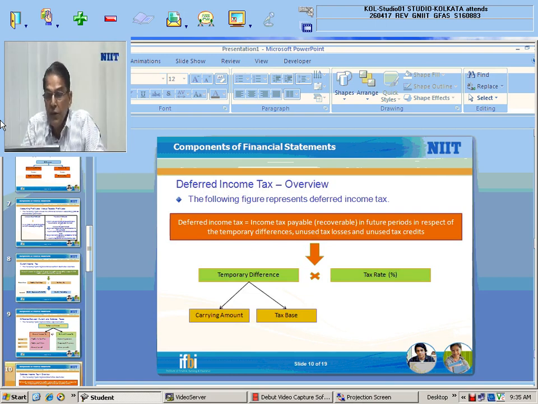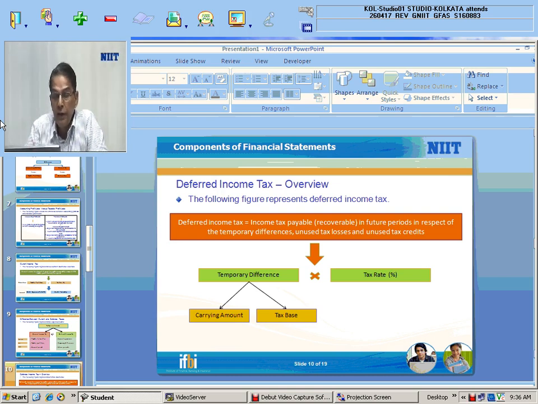So deferred income tax is nothing but income tax payable or recoverable in future periods in respect of the temporary differences, unused tax losses and unused tax credits. And temporary difference, as you know, is the difference between the carrying amount of an asset or liability and its tax base.